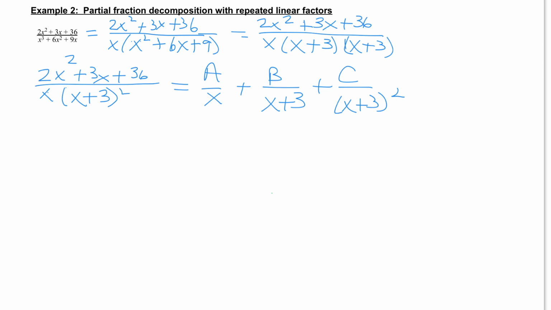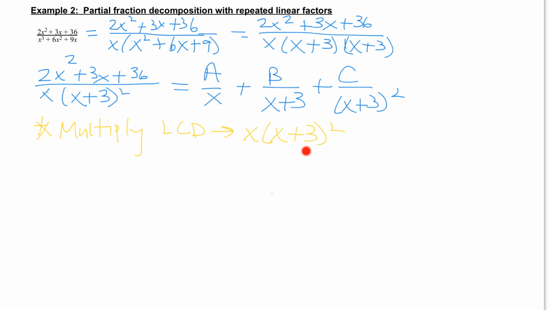Then what I want to do is multiply by my least common denominator. So here I multiply by my LCD, and in this case, my least common denominator is x times x plus 3 squared. If I do that, let's go to the left hand side.